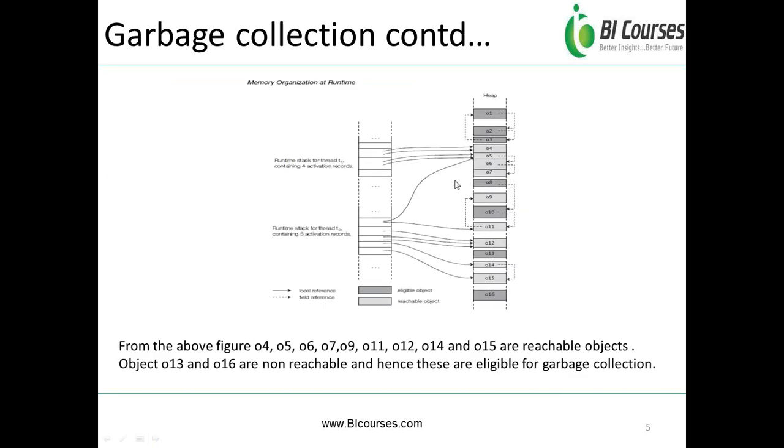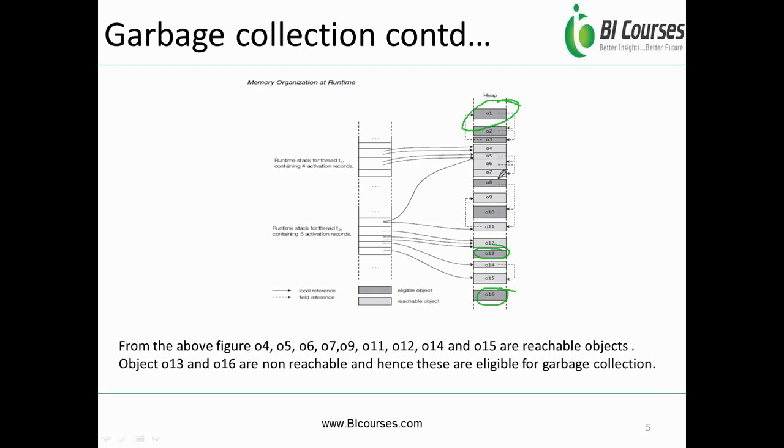If you look at this picture here, these dark squares, the filled rectangles, are the eligible objects. Here, O13 and O16 can be garbage collected, whereas the reachable objects are O4, O5, O6, O7.